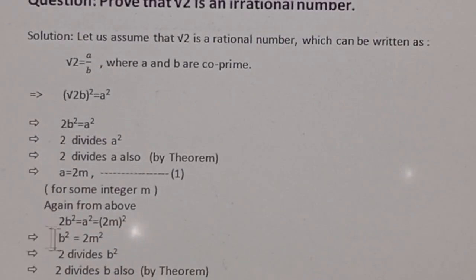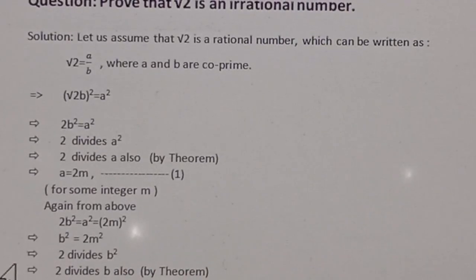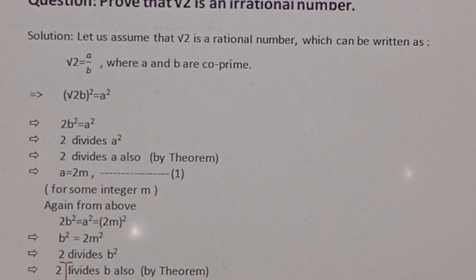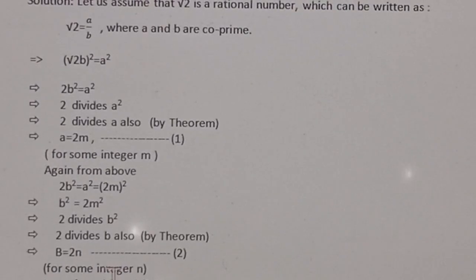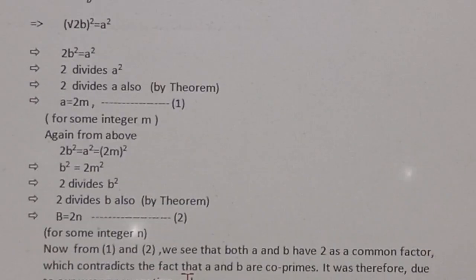Same way, we see that here b square is the dividend and it has two factors 2 and m square, and we need to adopt the prime number 2 so that we can adopt the theorem. So implies 2 divides b square implies 2 divides b also, right, by theorem. Implies b is equal to twice n for some integer n.